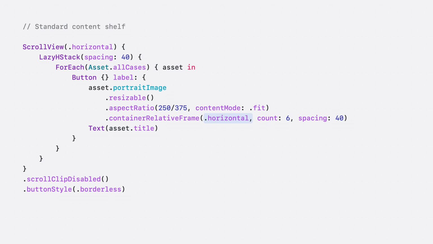Alone, it would make this button's image stretch to the width of the scroll view's bounds, but two more attributes change this behavior. Here, we ask to have 6 items lay out within the container's width, and we provide a little assistance by telling it how much spacing is being placed between the items. This matches the spacing provided to the horizontal stack, and it's important that these two values do match.